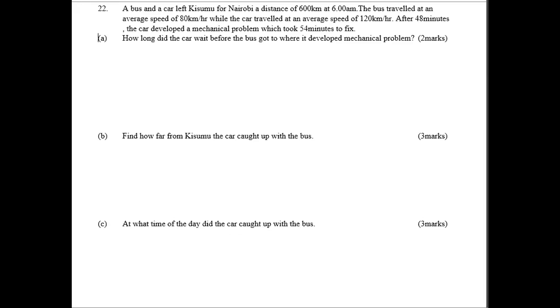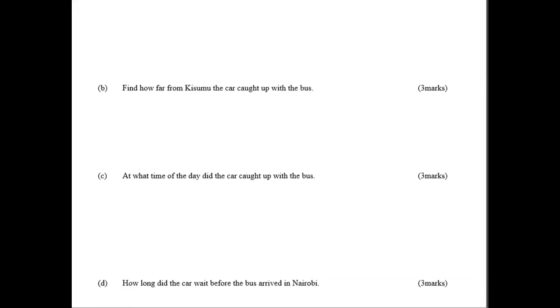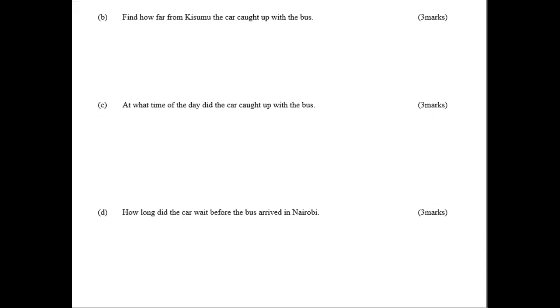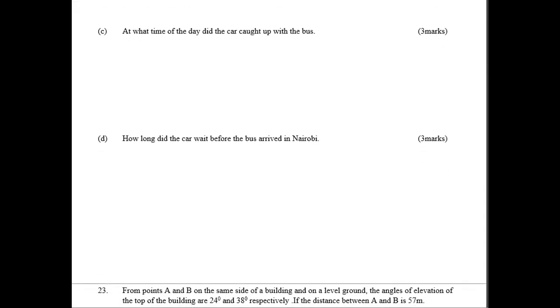So 120 minus 80 gives us 40 kilometers per hour. The time is then 72 over 40, which gives us 1 hour 48 minutes.